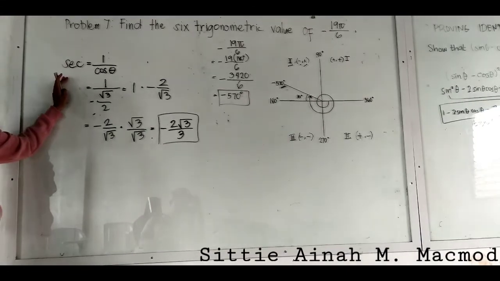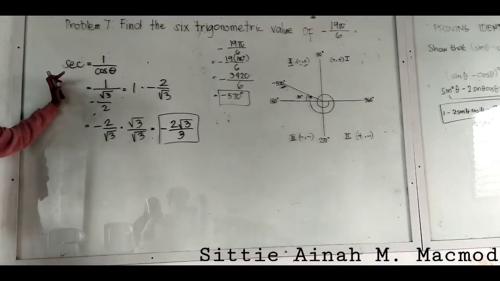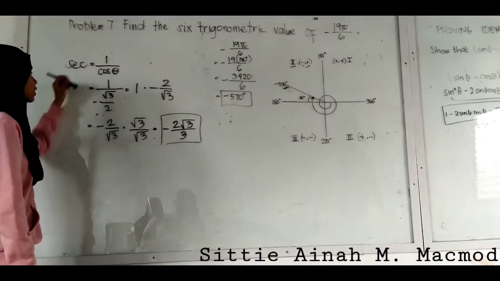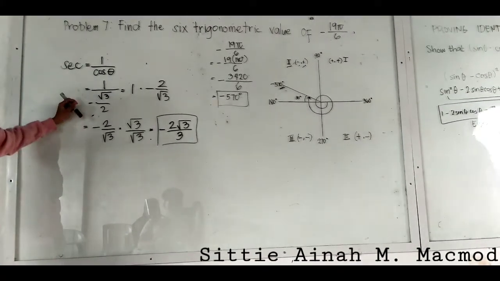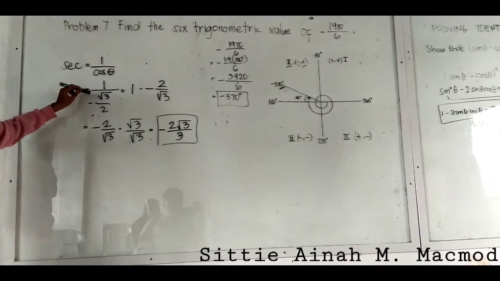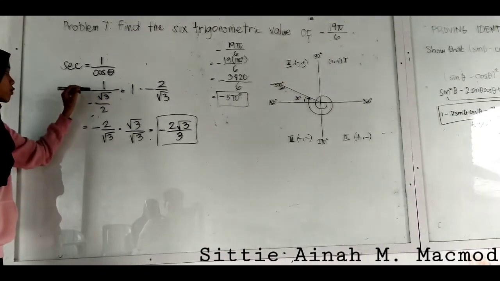So, let's proceed to secant. Secant theta is equal to 1 over cosine theta. The cosine theta is negative square root of 3 over 2. So, 1 over negative square root of 3 over 2.